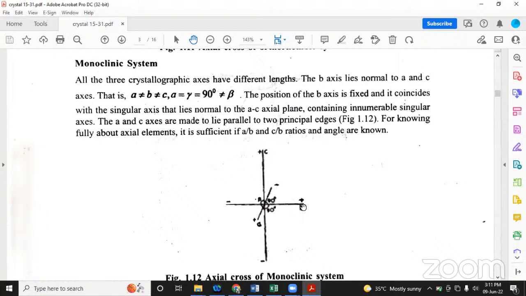This is called the monoclinic system. You can see the position of the B axis is fixed, and it coincides with the symmetry axis that lies normal to the A and C lines. This B is fixed.